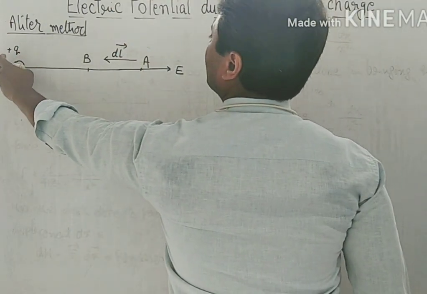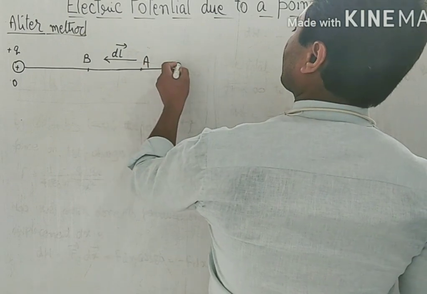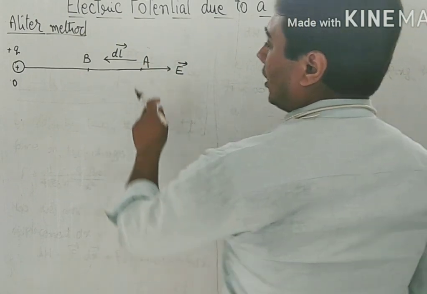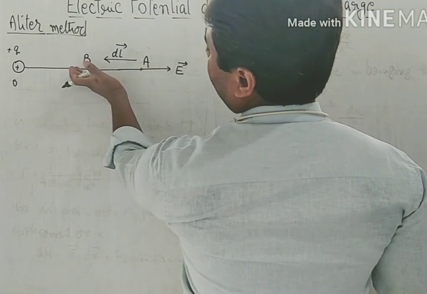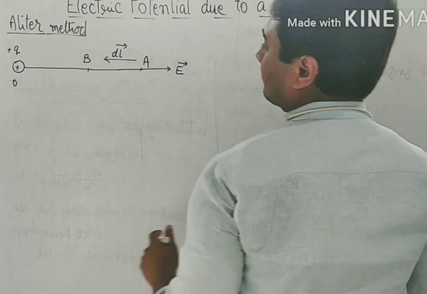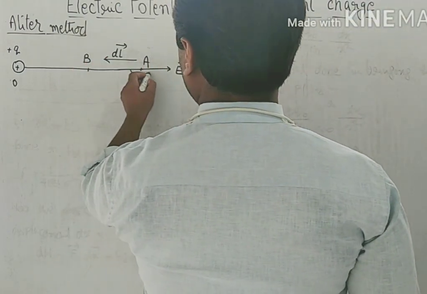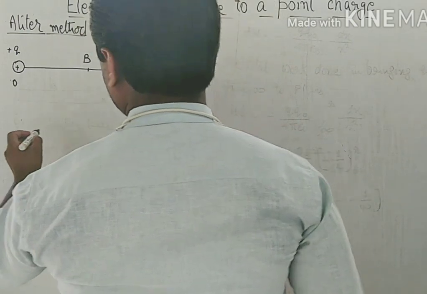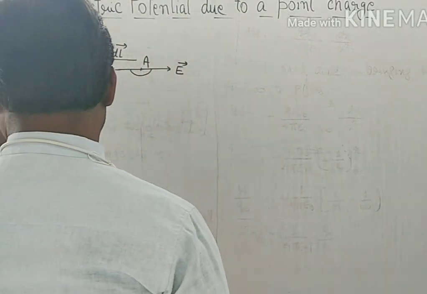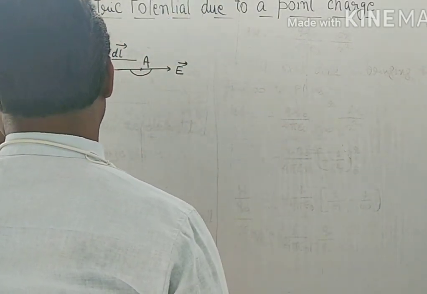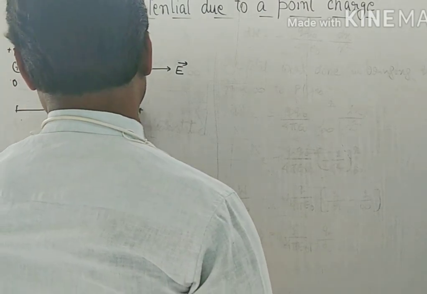Or else you can write the electrostatic field of this source charge will be radially outward at this point A, and the test charge will be moved towards B through dl against this. So the angle between them would be 180, and let me write the position vectors, or the separation of these points from this source charge.